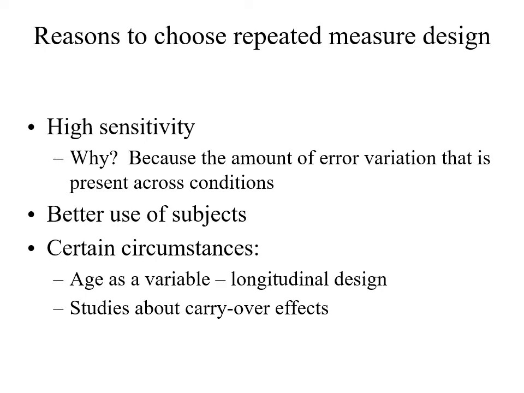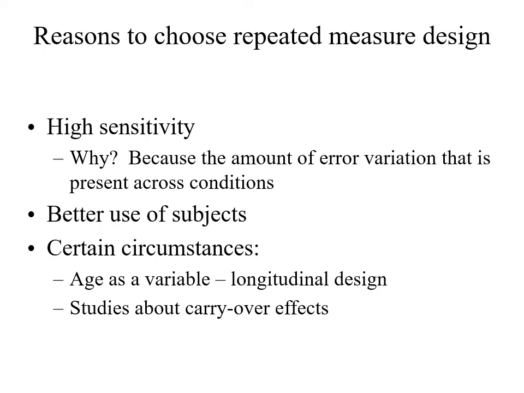The reason is that it has a very low amount of error variation that you usually see between conditions. When you think about across conditions in the between subjects design, one subject is assigned to one condition and another subject is assigned to another condition, right?